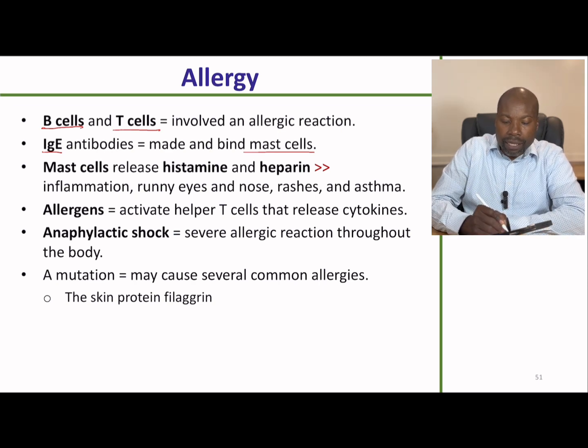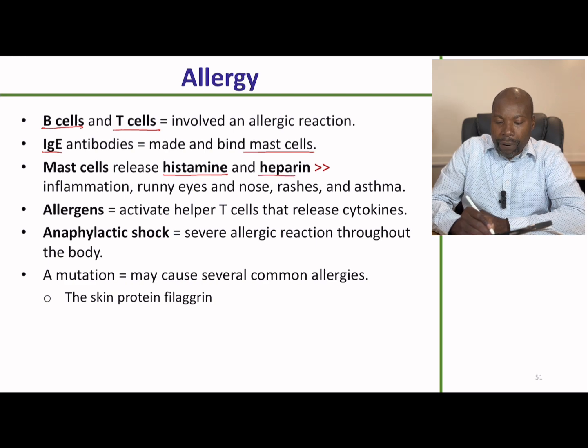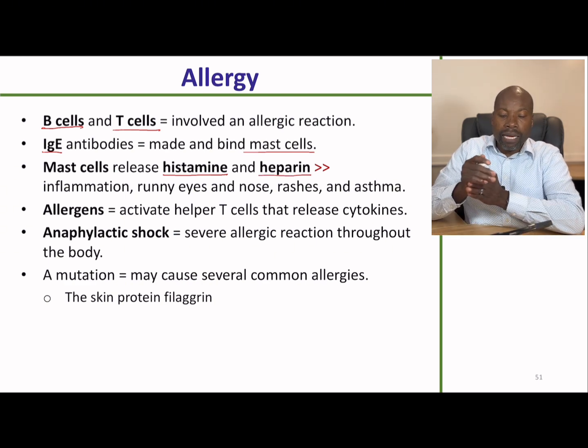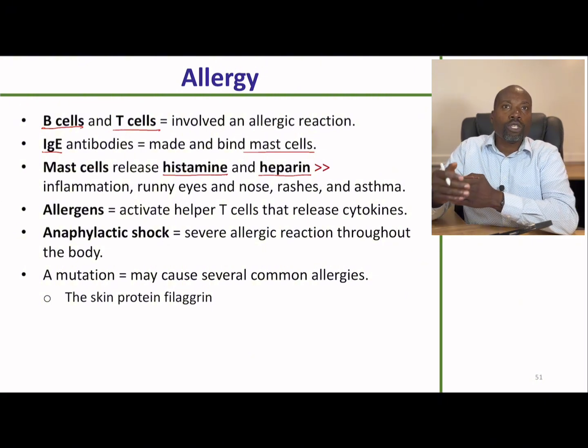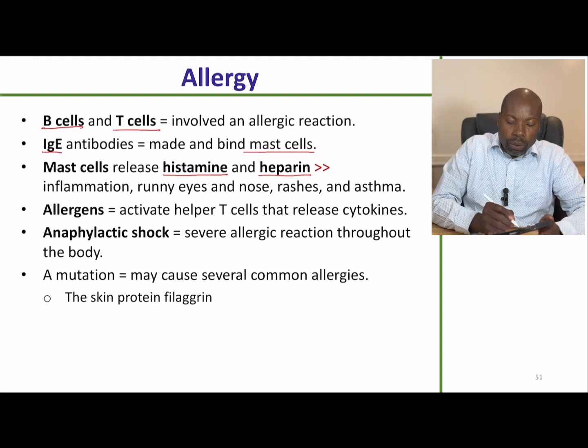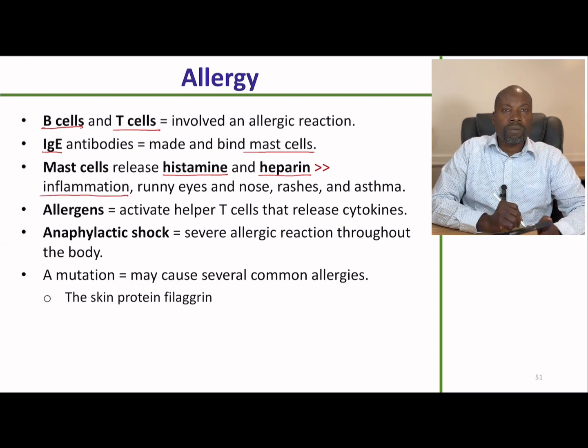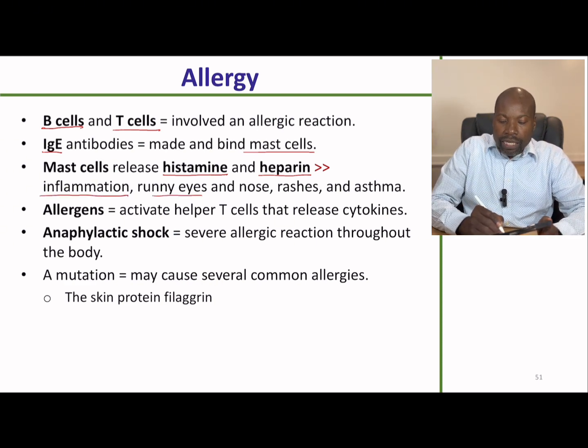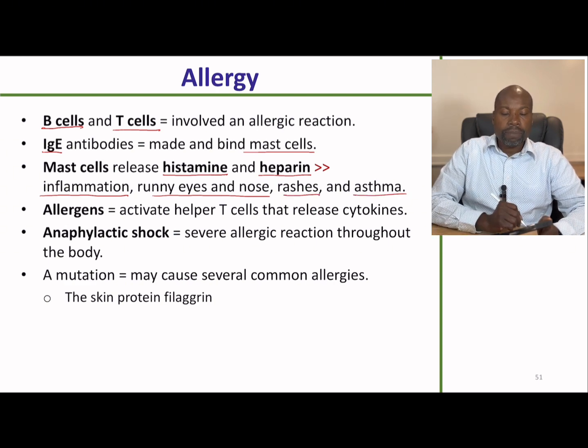By releasing huge amounts of histamine and heparin. Now, by releasing a large amount of histamine and heparin, this is going to lead to an inflammatory response, right? Runny nose and runny eyes, rashes, and asthma.